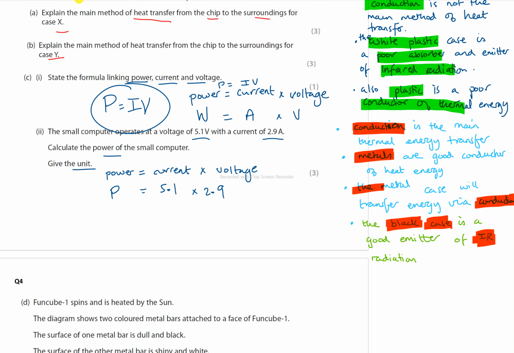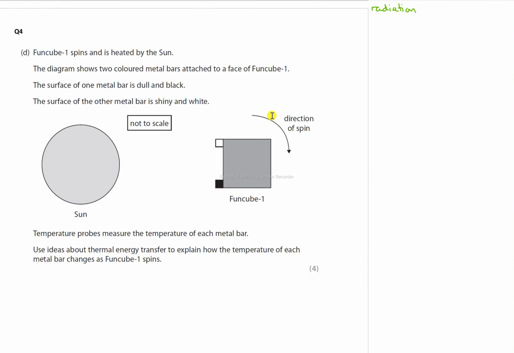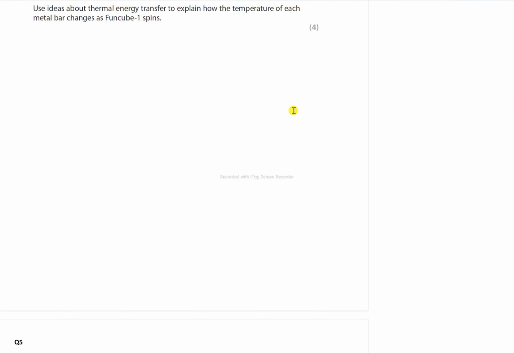I've done it the wrong way around. It doesn't really matter, but let's try to do it. So P equals 14.8 watts. That's it done. Right, we'll do the next one.